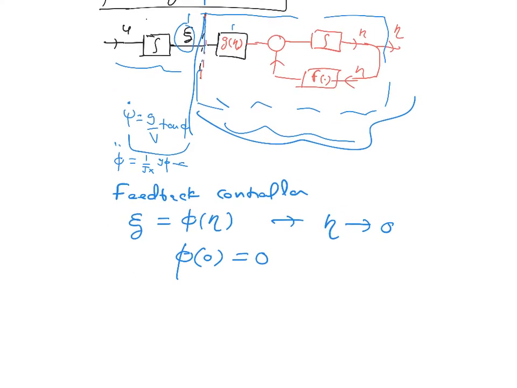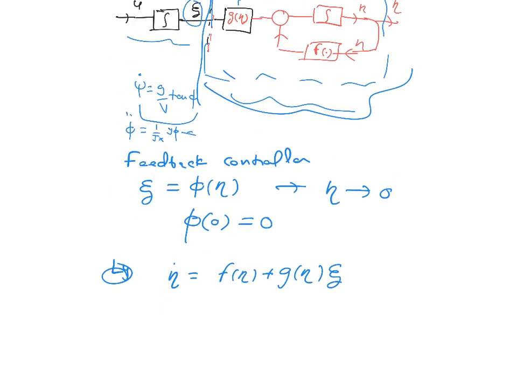So now let's say there is some Lyapunov candidate function, because we are just focusing on the first set of equations. What is our first set of equations? It is eta dot equals f of eta plus g of eta into zeta, right?